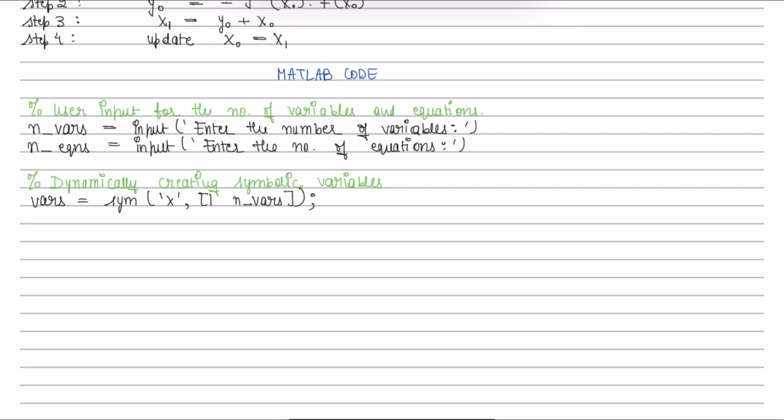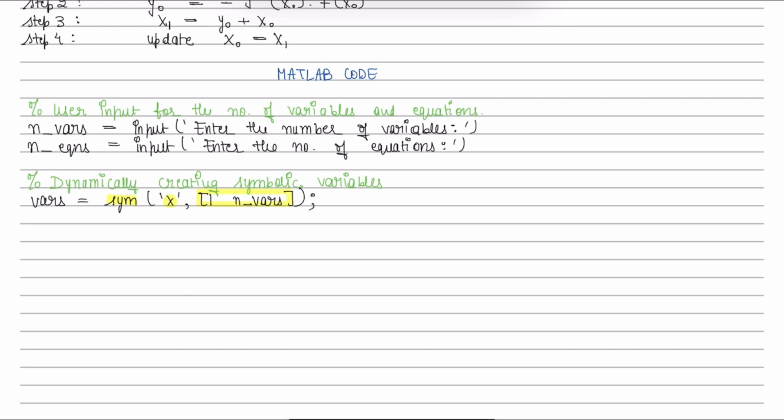Now let us understand this statement first. syms will be used to create symbolic variables, and the x here will be treated as the base name for the symbolic variables. For example, if we have entered 3 variables, then it will be created in the form of x1, x2 and x3, and this will create the array of symbolic variables with dimensions defined by this vector.